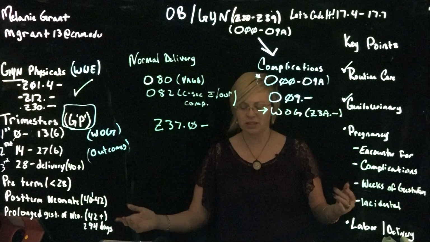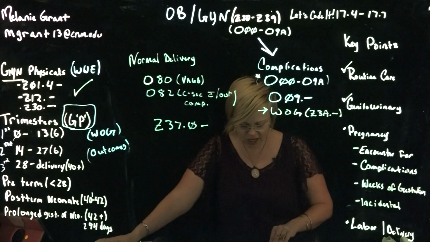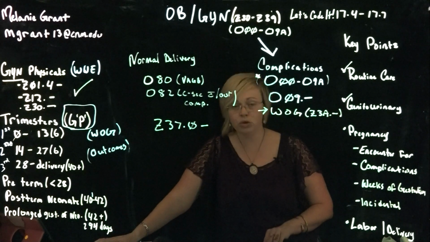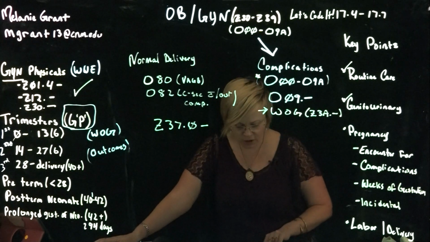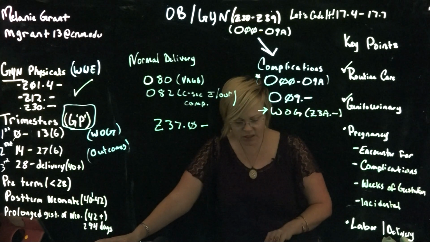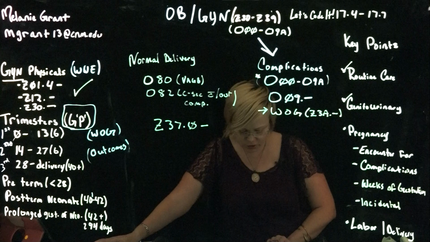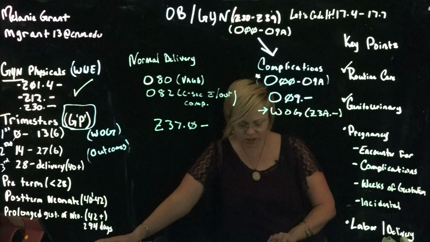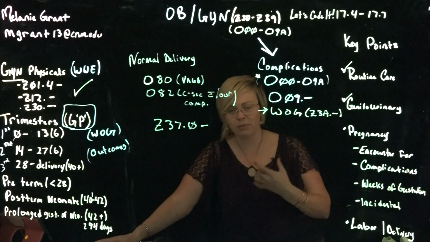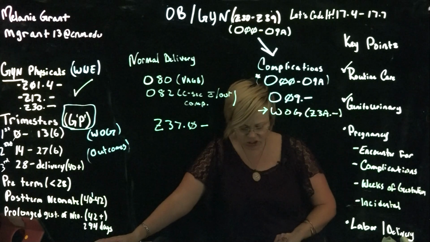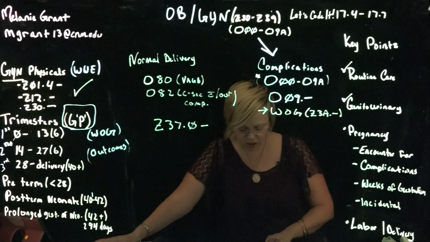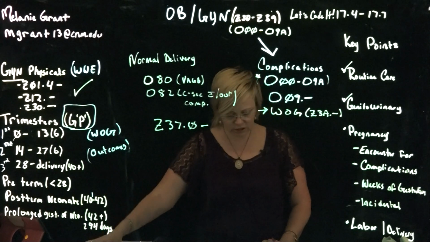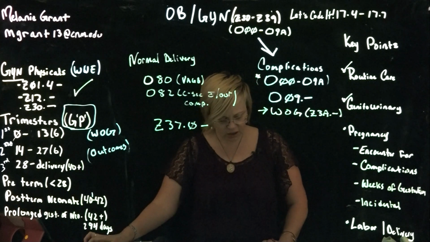You have some special complications, such as obstructed labors due to a breech presentation, which is where the baby is coming out butt first instead of head first. There's also different types of presentation where they don't come out correctly, so you want to pay attention to that in your documentation. Of course, we have preterm deliveries, which are complicated.